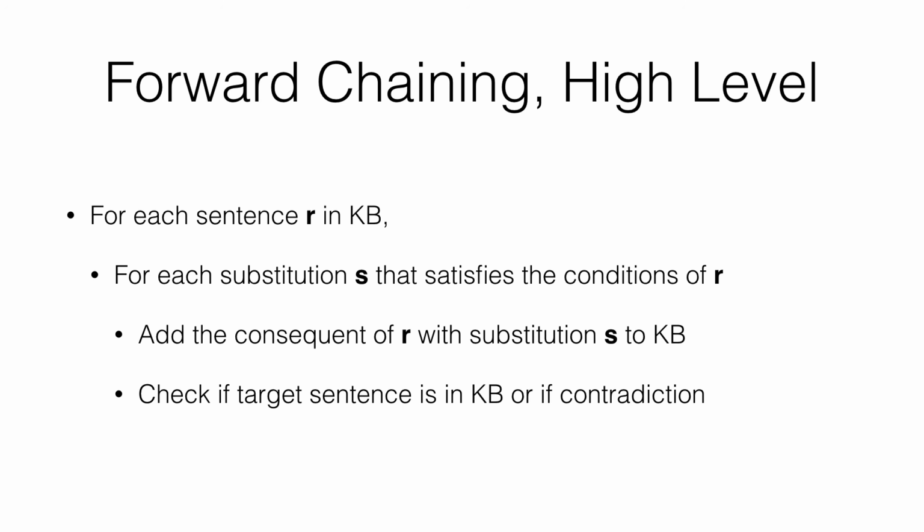And then you just constantly check whether you've found the target sentence that you're trying to infer or prove. And if you don't find it at the end of the search, you have failed to prove the statement, or if you find the negation of it, then you've disproven it. So of course that's very high level.